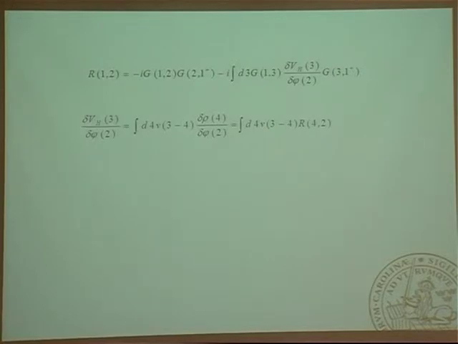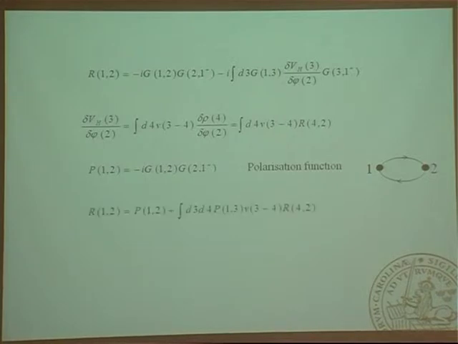So then we get an integral equation for the response function. And we could also define what we call the polarization function, which is a product of 2 Green's functions. So if you like diagrams, it is just this bubble.